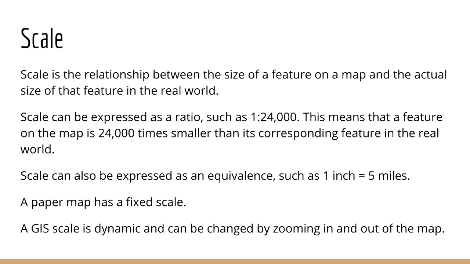The units are the same in the numerator and the denominator. It's a fraction, actually 1 over 24,000. That's what that means. And that's a common scale for a USGS topo map, 1 to 24,000.